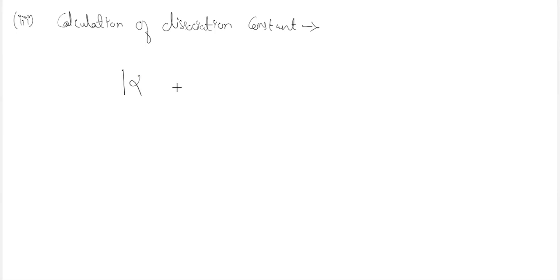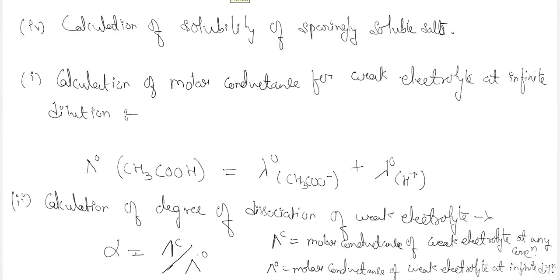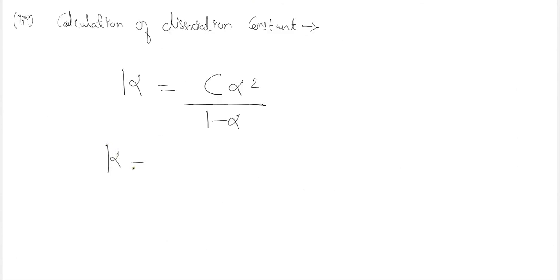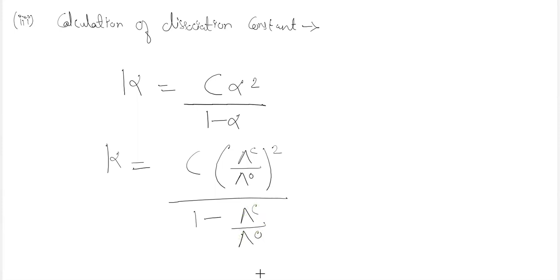So for K, the formula which we studied in class 11th was like this. You all must have a small remembrance of these values. Here we have calculated alpha as lambda c upon lambda naught. Putting that value here, we get lambda c over lambda naught, the molar conductance at any concentration divided by the molar conductance at infinite dilution.